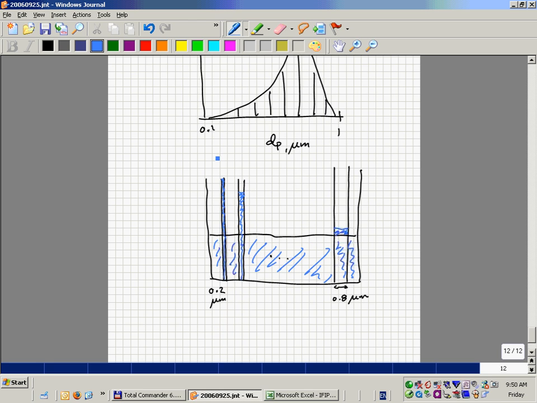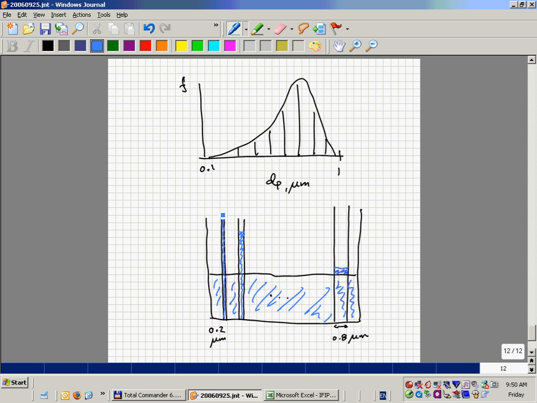Based on this frequency plot in our experiment, there might be 3 of these capillaries, there might be 7 of these, there might be 2 of these, right? In the middle, we might have 15 of these capillaries, this size.